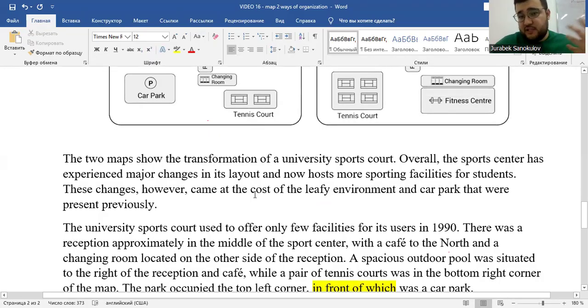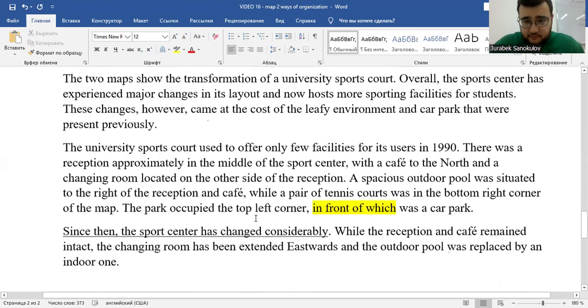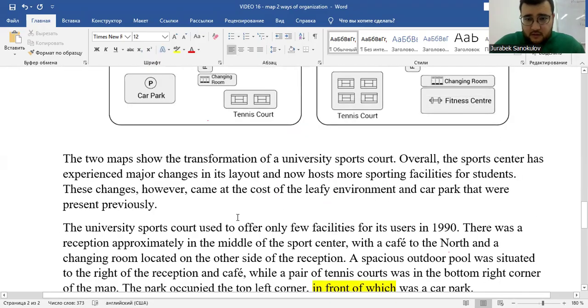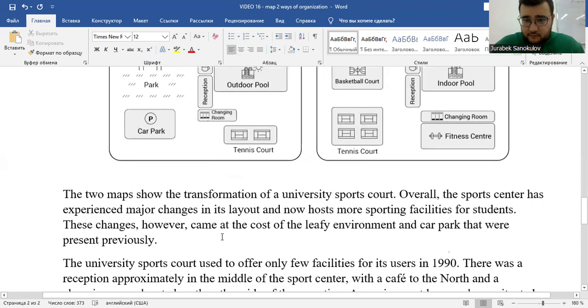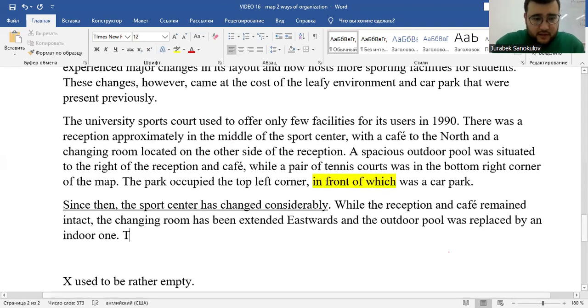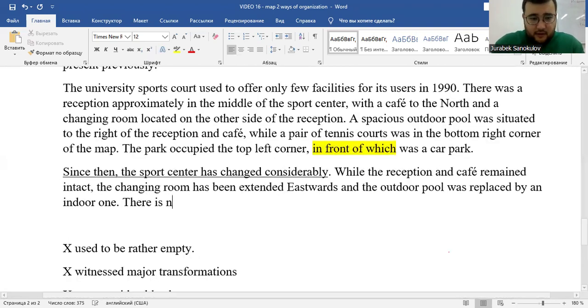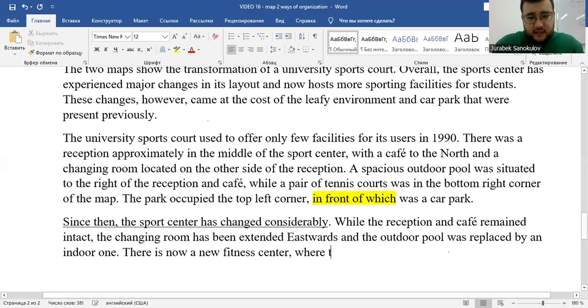So I'm thinking which sentence structure I'm supposed to use here. So there is now a new fitness center where the tennis courts stood.